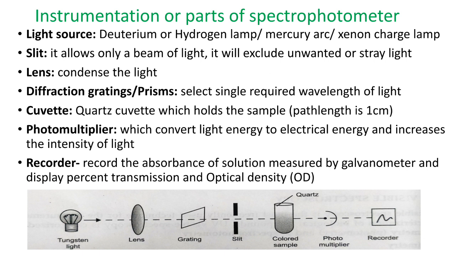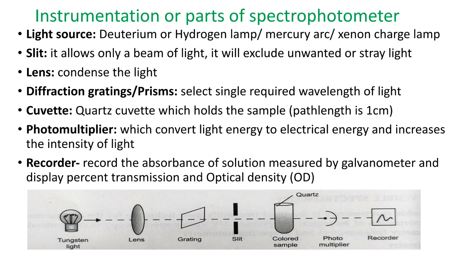The lenses give a parallel beam of light, and the diffraction grating or prisms give the single required wavelength of light with a very narrow wavelength.